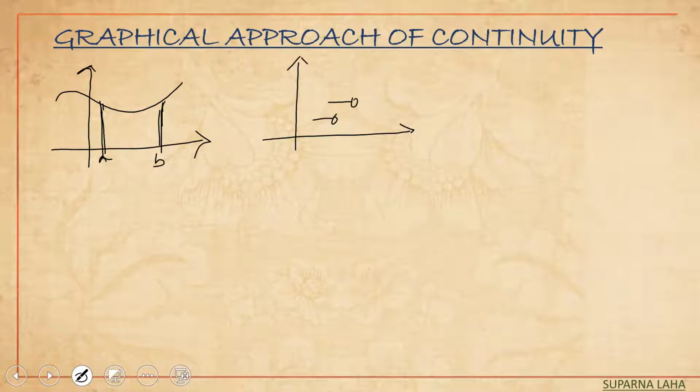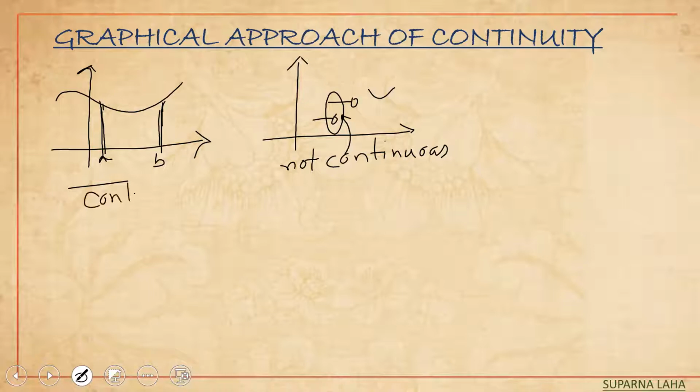If I want to draw this graph, I have to lift my pen because there is a jump. There is no link between these 2 points. So this type of function we will call this not continuous or discontinuous. And this type of function, where I don't have to lift the pen, without lifting the pen I can draw the graph, that time we will say it is continuous.